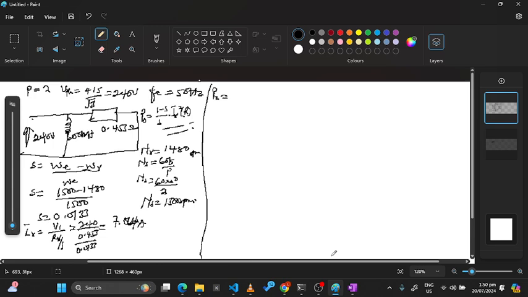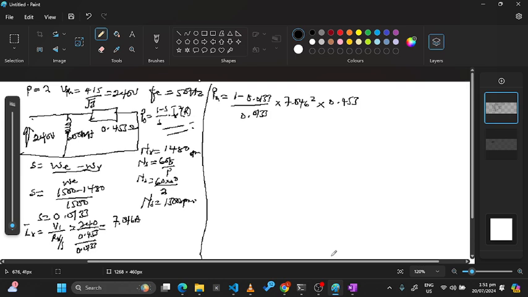So P0 should now be equal to 1 minus 0.0133, all divided by 0.0133, times 7.046 squared times the resistance, which is 0.453.